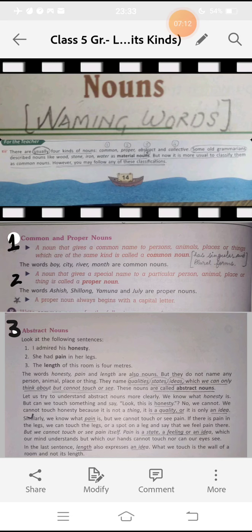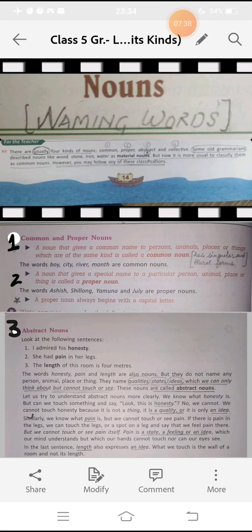So that is how the words honesty, pain, length become abstract nouns. They are the names of some things, but these things cannot be touched, cannot be seen also. They can only be thought about, they can only be felt.